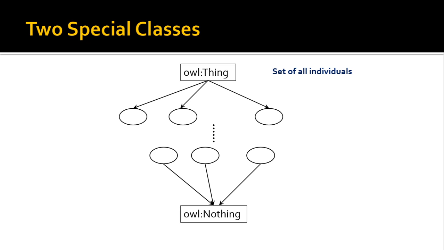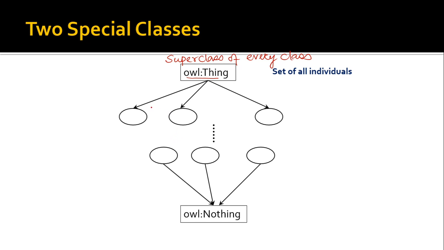But there are two special classes in OWL which have special meanings. The first class is called OWL thing, which is basically the superclass of everything. This OWL thing class is the superclass of every class, right?